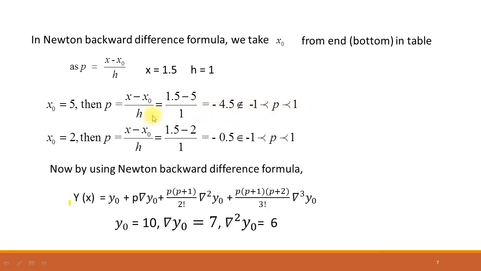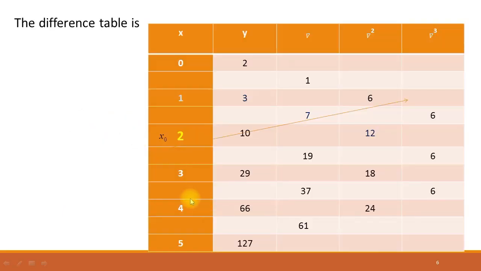So change the position of x naught from the end of the table. Similarly, if we take x4 from the end of the table, we take x naught equal to 4, then p does not lie in the range minus 1 and plus 1, and if we take x3 from the end of the table, then also p does not belong to the range of minus 1 and plus 1.